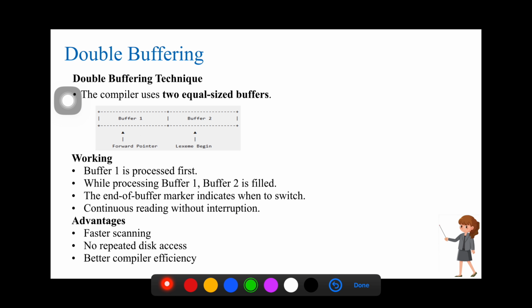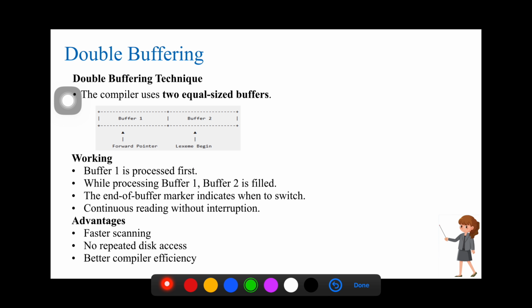Double buffering. To further improve the efficiency, the compiler uses a technique called double buffering. Double buffering has mainly two parts, buffer 1 and buffer 2, two equal sized buffers. The working: when the first buffer becomes empty, the compiler immediately switches to the second buffer.